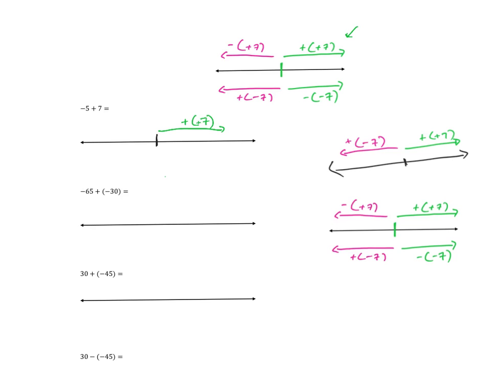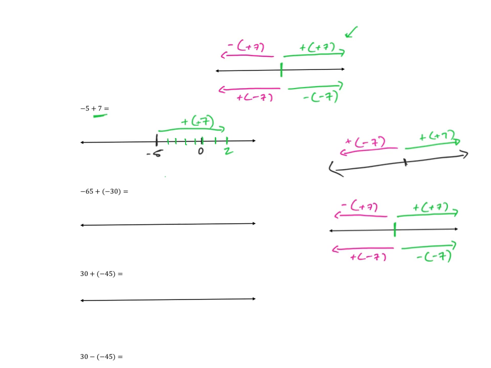That's what it looks like when we say we're adding positive 7. Now, the fact that we started at negative 5, and that 0 is 5 away from negative 5, means our answer is going to be positive 2, because if we go 1, 2, 3, 4, 5, 6, 7 over, we land at positive 2.